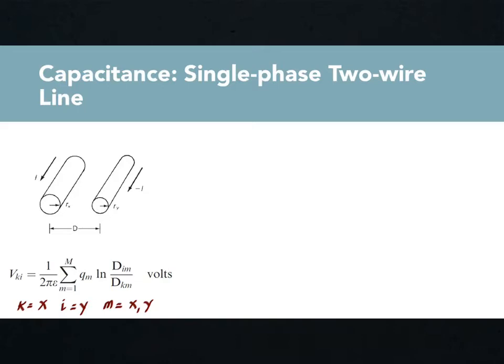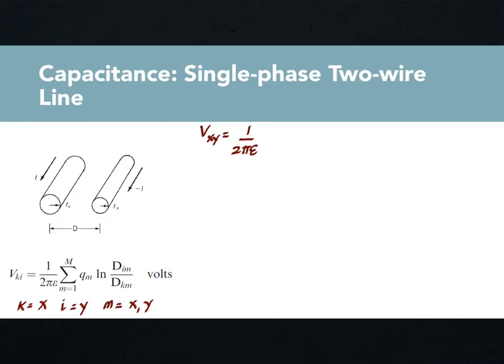So let's start off with V_XY as KI is equal to 1 over 2 pi permittivity. Now we'll start off the summation, starting with the X conductor, so QX.